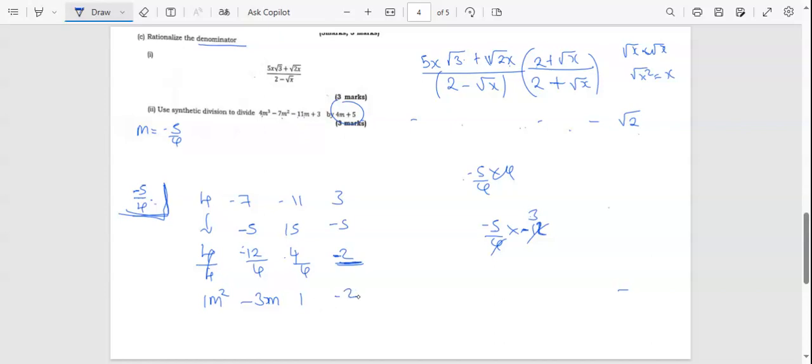Then this negative 2, you divide throughout by the same value which you had, 4m plus 5.